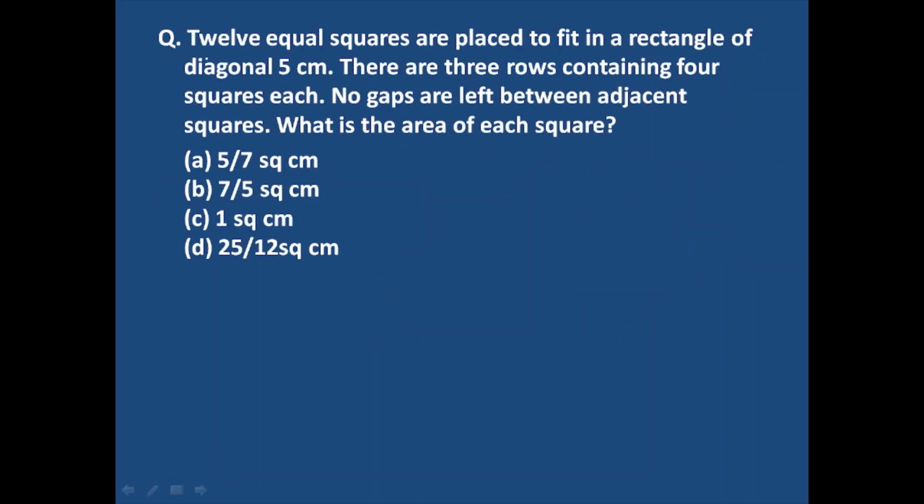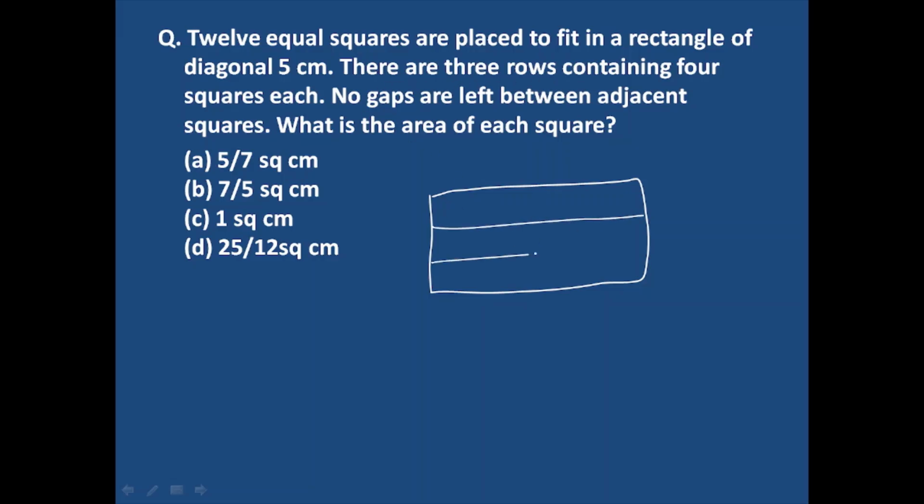Now the next question: 12 equal squares are placed to fit in a rectangle of diagonal 5 centimeter. There are 3 rows, and each row contains 4 squares.